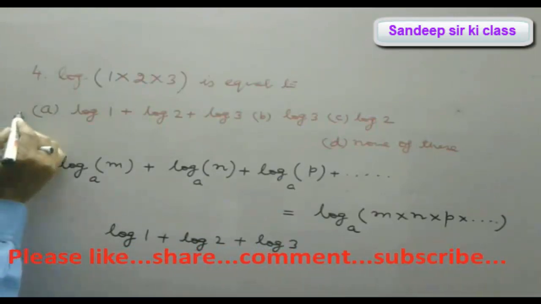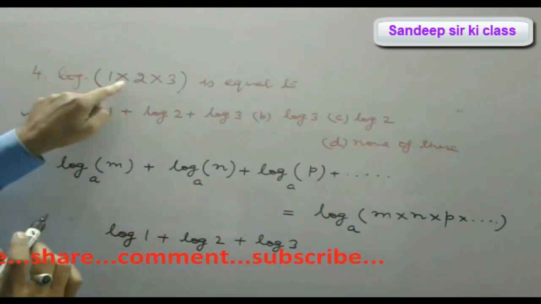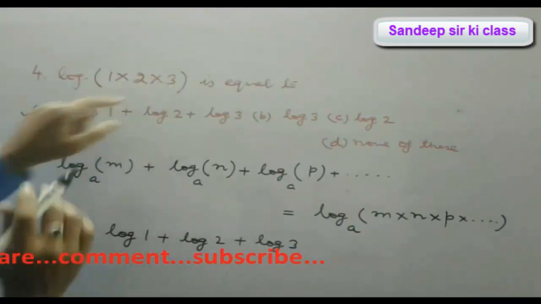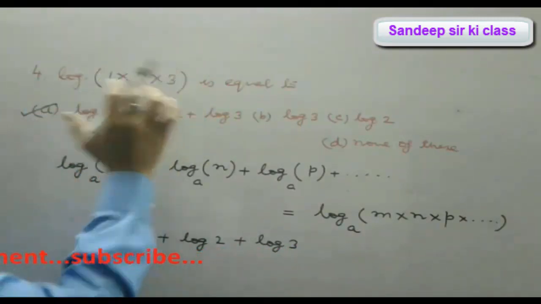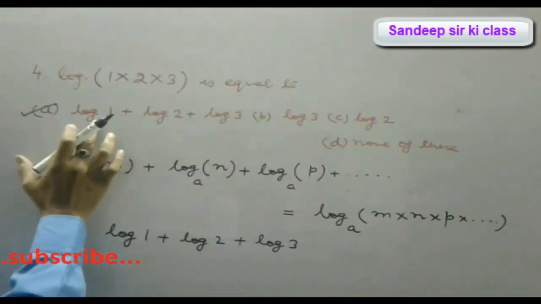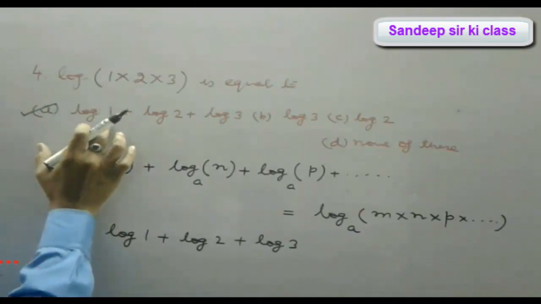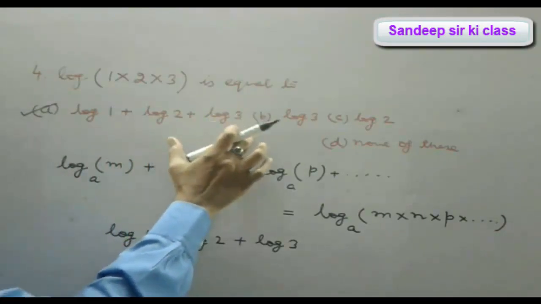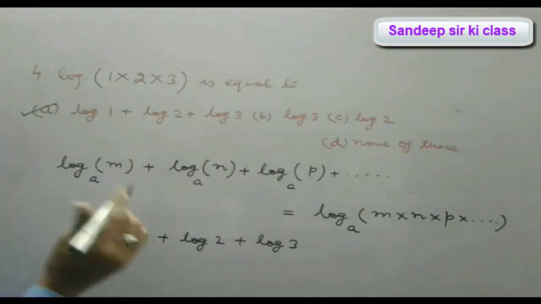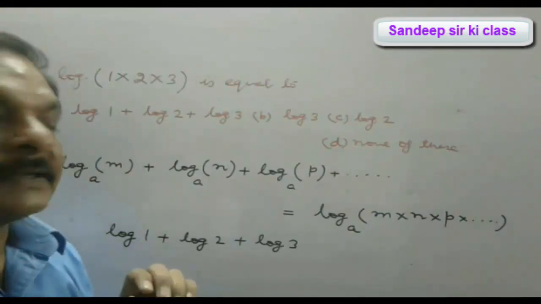So our option A is correct. Log of 1 into 2 into 3, if 1, 2, 3 are in the product, then it will be equal to log 1 plus log 2 plus log 3 in the addition form. And hence our option A is the correct answer.